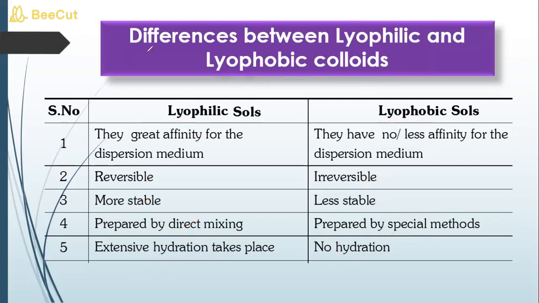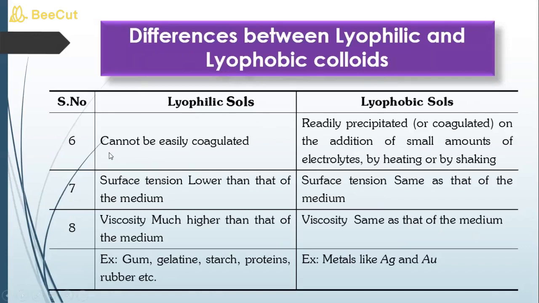The next difference is that lyophilic sols cannot be coagulated easily, but lyophobic sols can be destroyed just by adding a small amount of electrolyte, or by heating or by shaking. Otherwise, we can precipitate them very, very easily. The surface tension of the dispersion medium in a lyophilic sol is lower than it was earlier, but in the case of a lyophobic sol, the surface tension remains the same.